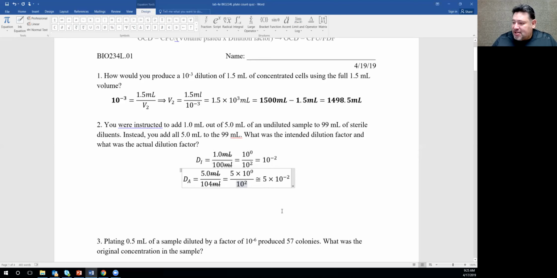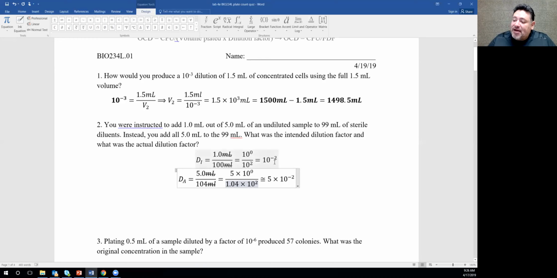But it's not going to change anything. 1.04 times there. That is equal to that, and this is equal to that. But if you take 5 and you divide by 1.04, you come out with 4.8, which is very, very close to 5. So nothing changed. So we can leave the 5 on there and come out with a very acceptable answer.